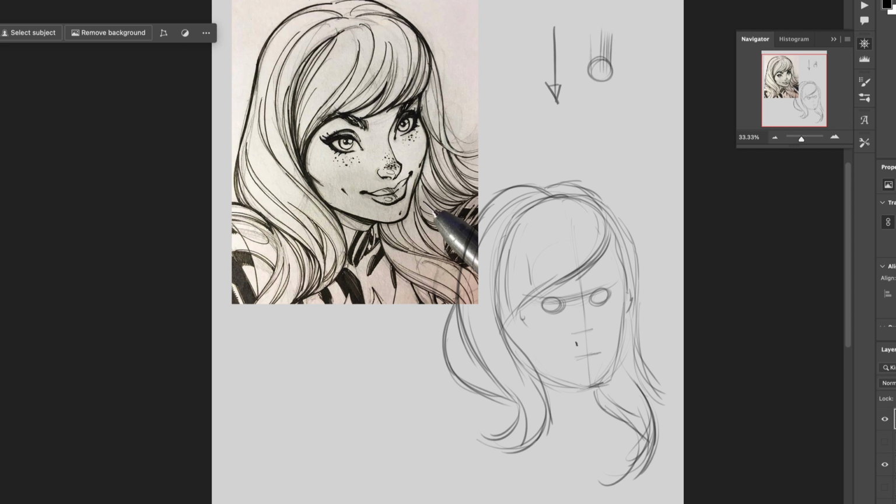Gravity is the great equalizer in drawing, at least when drawing the figure, because gravity is what immediately creates a sense of realism and believability, because we all understand that on a very intuitive level.